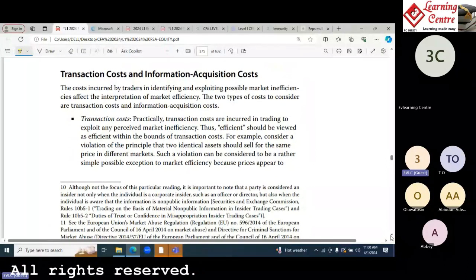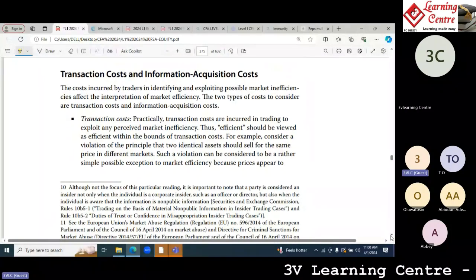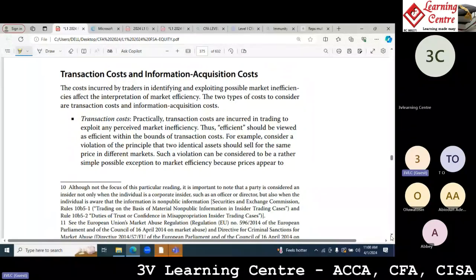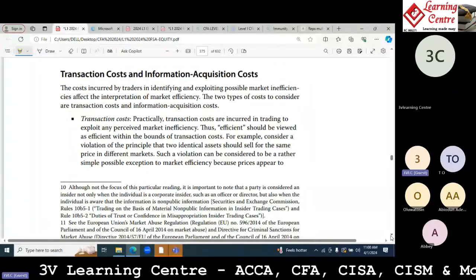Now, another thing again that also relates to what Tosin said is transaction cost and information acquisition cost. Transaction cost means I pay a fee to buy stocks. I pay a fee to sell stocks. If the transaction costs are high, I might be reluctant to take advantage of the information that I have.